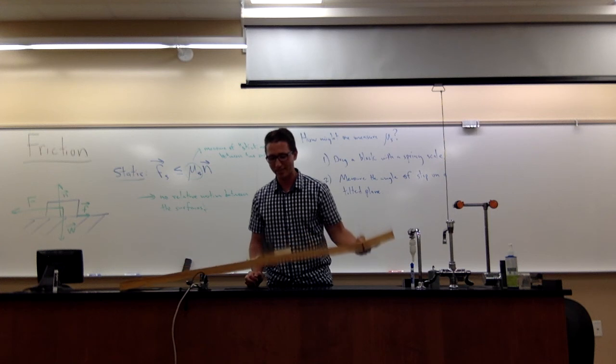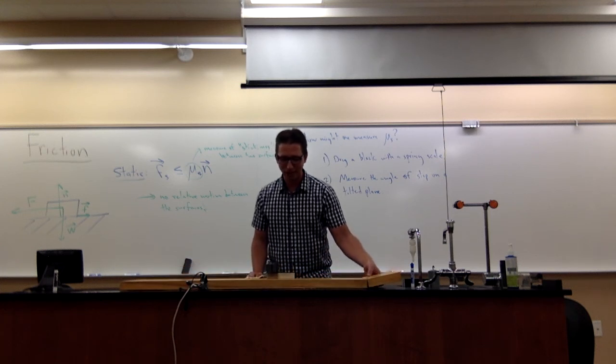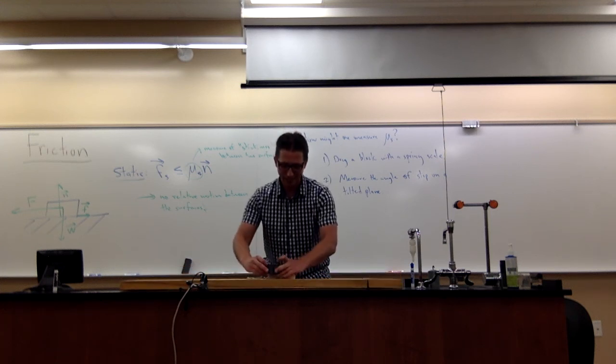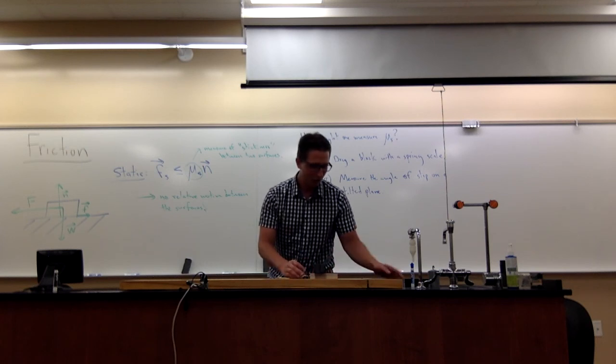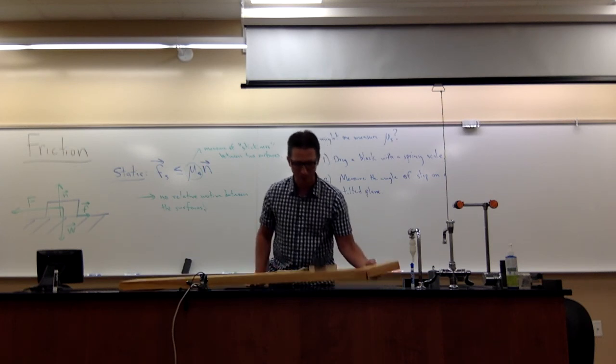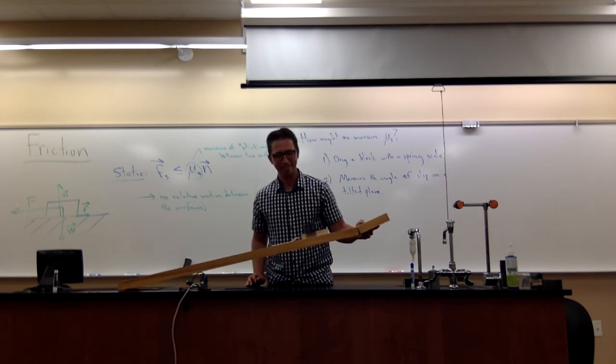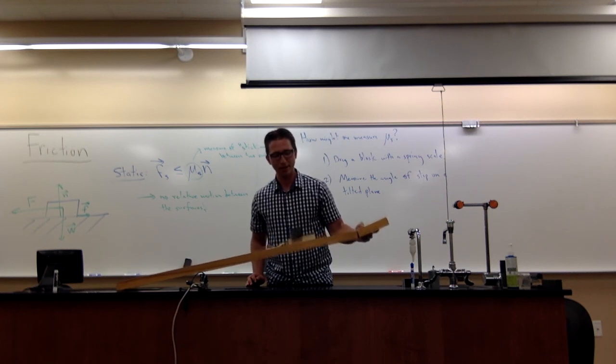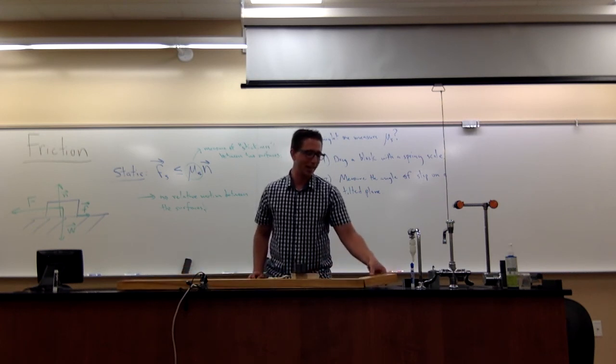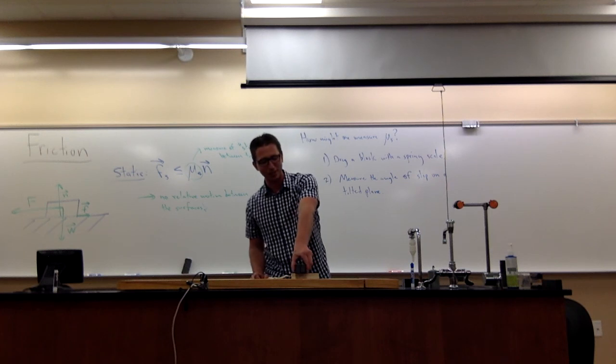You can see that to be true. The block slides down at the same angle. Let me try that one more time. The block is slowly starting to slide, so it's the minimum angle before the block starts to slip.